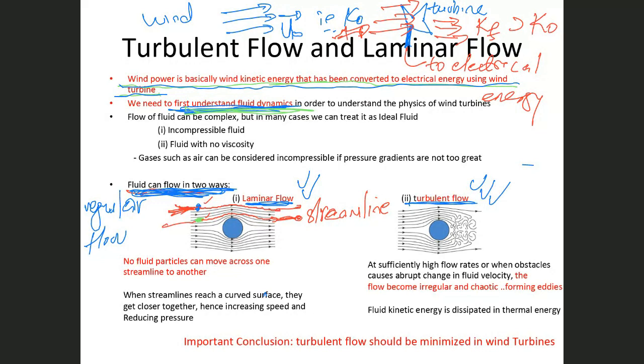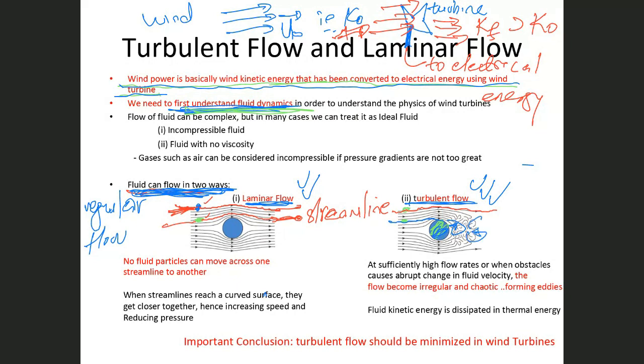But now, if it happens that these fluid particles are moving at a high speed, or they meet an obstacle such that their velocities change abruptly, then a fluid particle moving on the streamline on top and the one below will keep changing direction when they meet the obstacle.